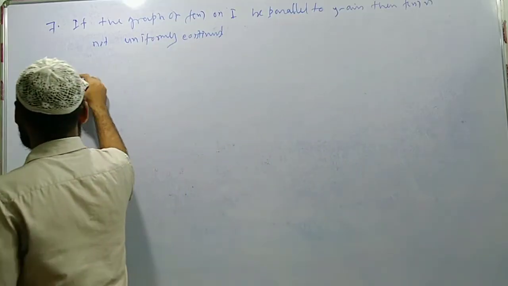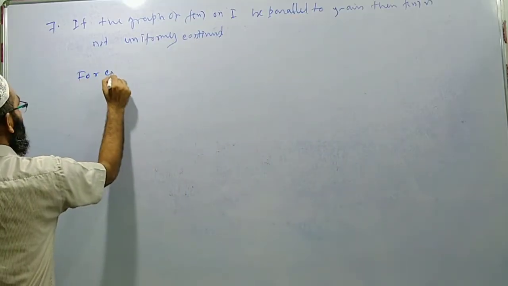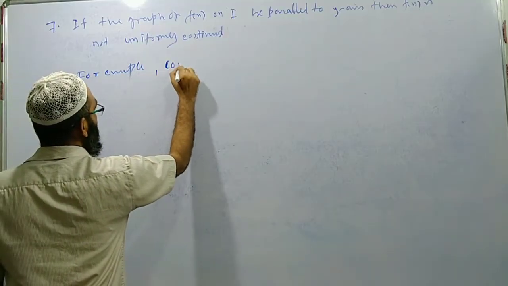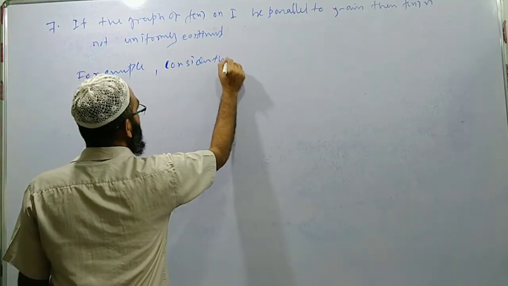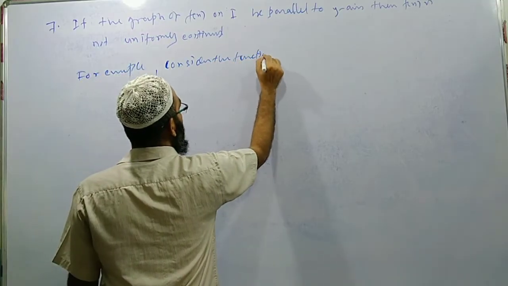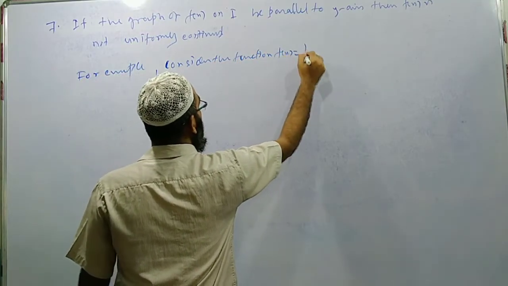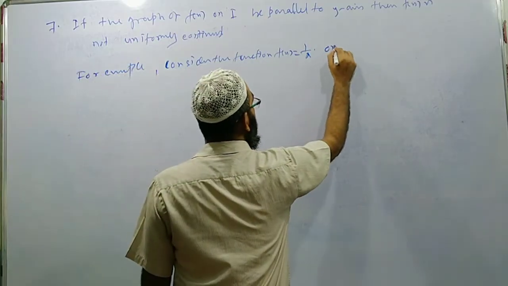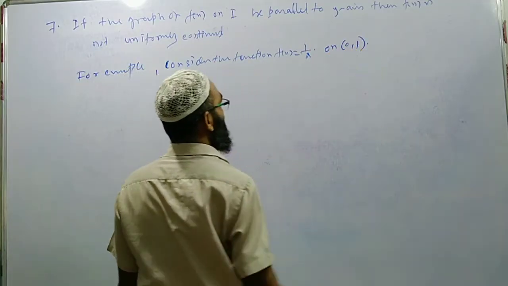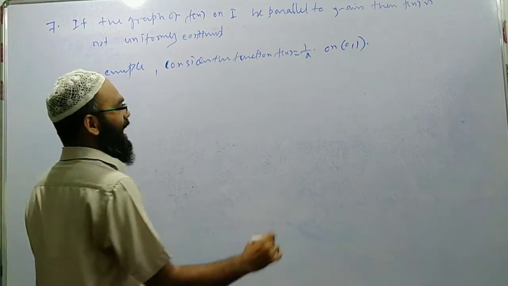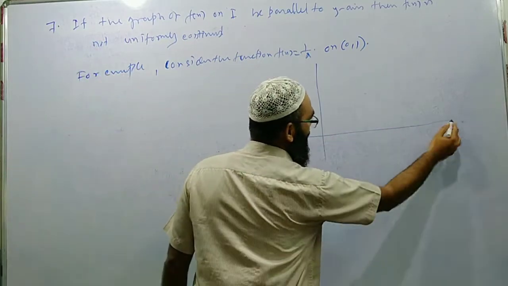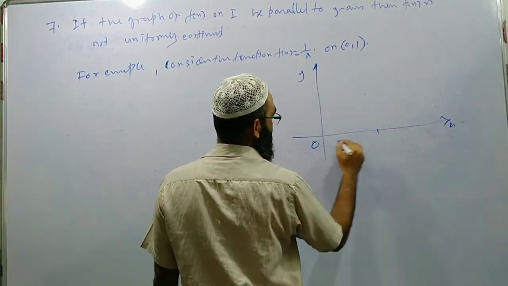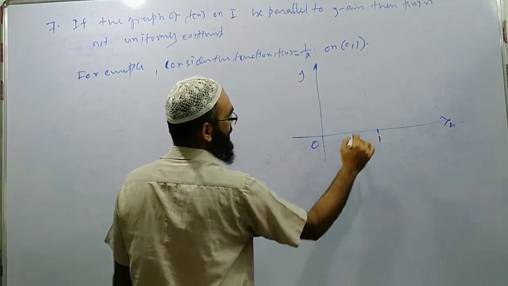For example, consider the function f(x) equal to 1 by x on (0, 1). Thus, observe the graph of the function. We know this is a very well known curve: x axis, y axis, and this is 0, this is 1.